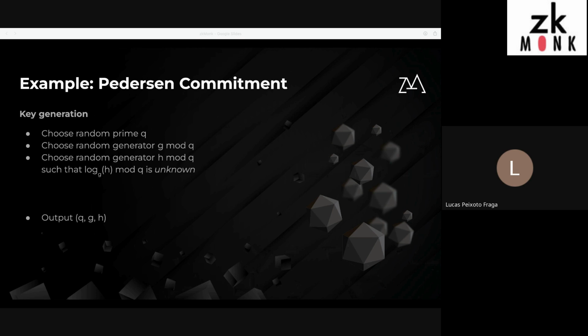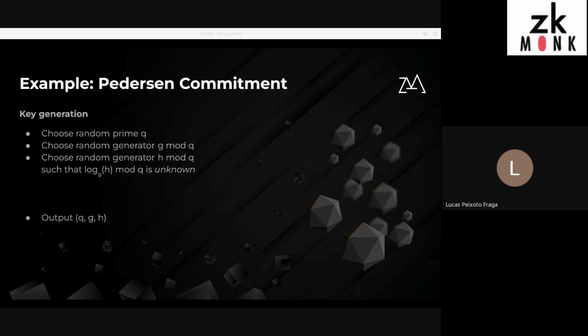But at the same time, you cannot change the value you committed. Once you settle the commitment value and you send it, you cannot change the original value. And this is very useful for cryptography in a number of ways. We even use it to design zk proofs, as I will show later.